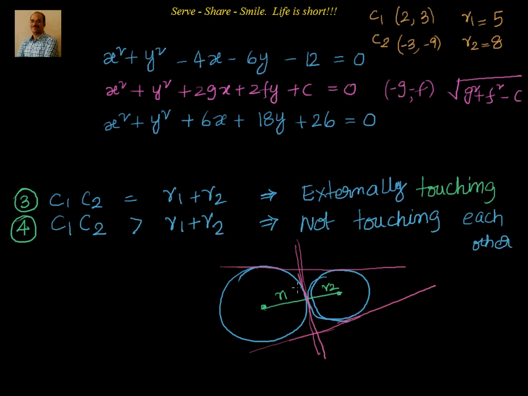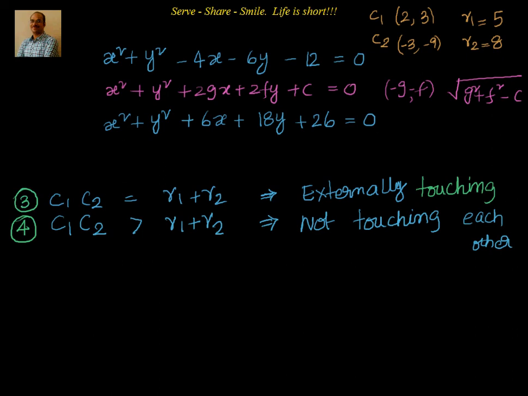Now if they touch each other internally, how will the scenario look? Let's have a look. Let us say we have two circles. Take one circle, and you have another circle inside. They touch each other.